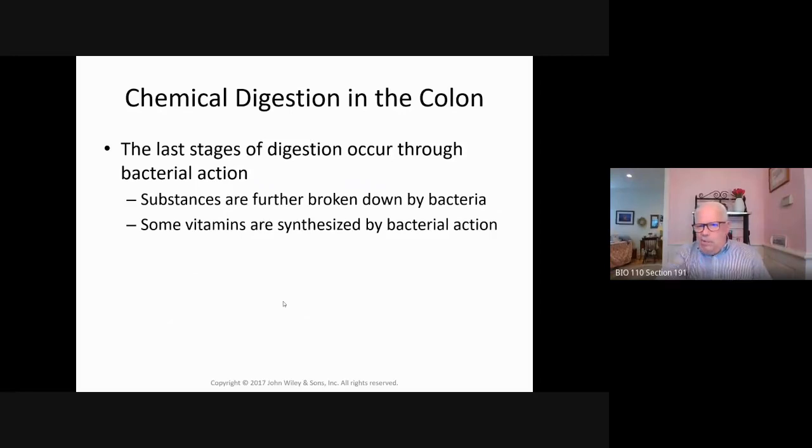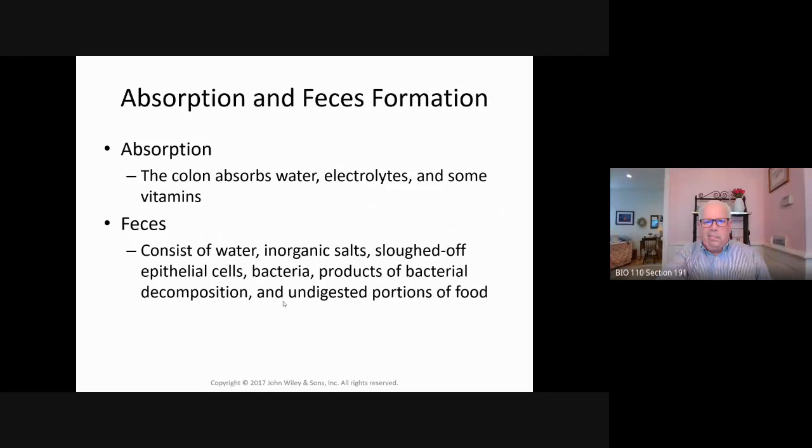So in your colon, you have good and bad bacteria. The bad bacteria will give a smell to your feces. The good bacteria will synthesize vitamins. The majority of absorption is the function of the colon. It absorbs water, electrolytes, and vitamins.